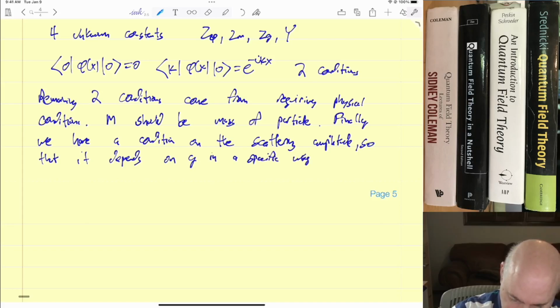I know this is vague, but you'll see when we do it later that it will require, like, when all three particles are on shell or something, we get a certain scattering and so on.